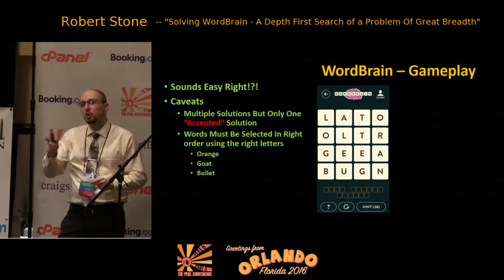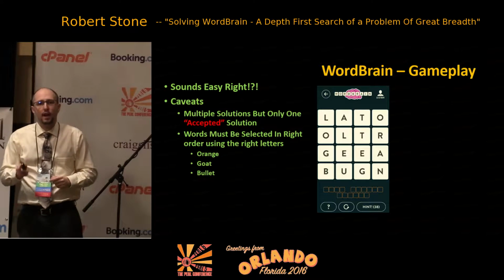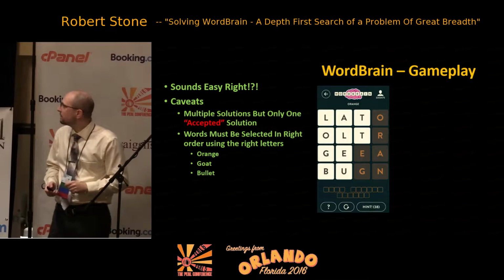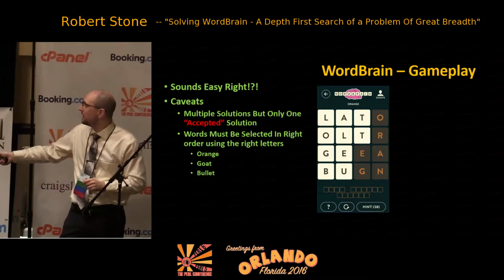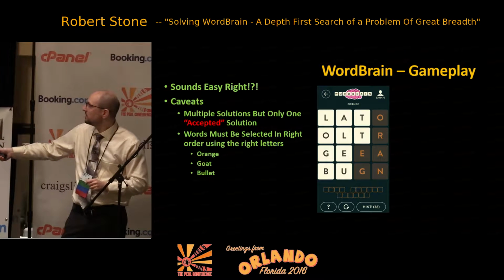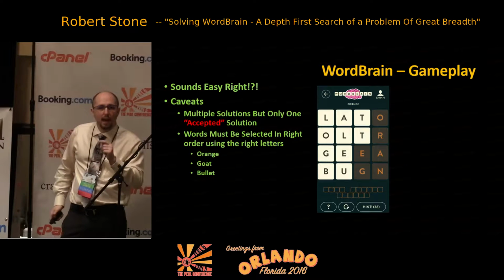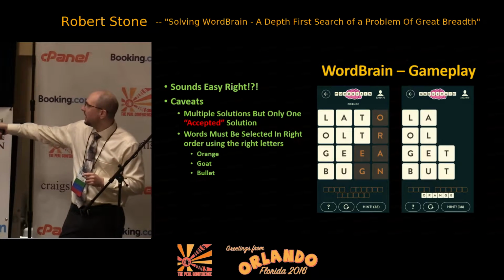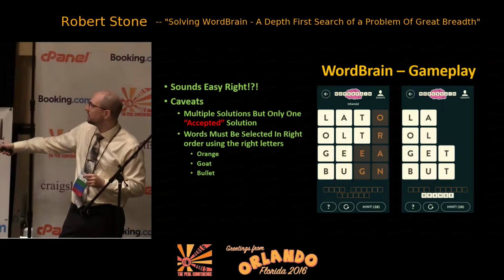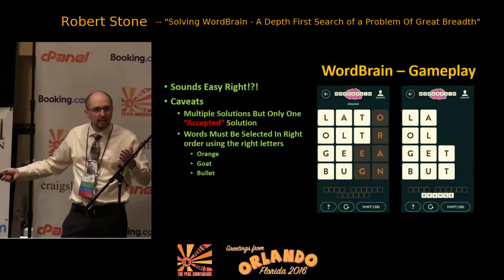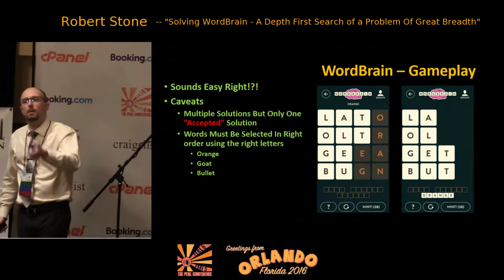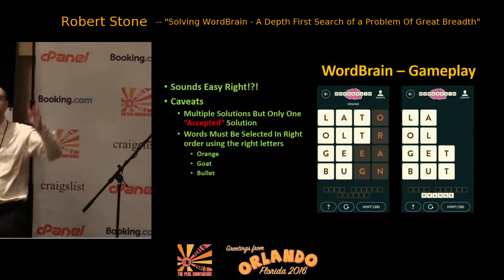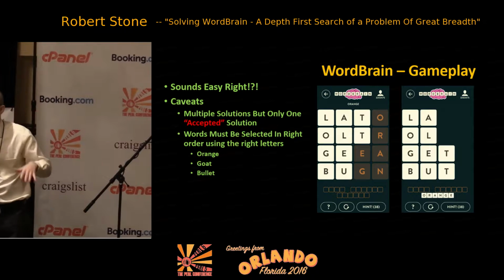Now, if I don't select the letters in the right order, let's say I select orange like this, just like that. If I do it that way, I get stuck. I can't select goat, and I can't select bullet. I have the right answers, I know what they are, but you must select them in the right order because of the way the letters cascade and fall down.